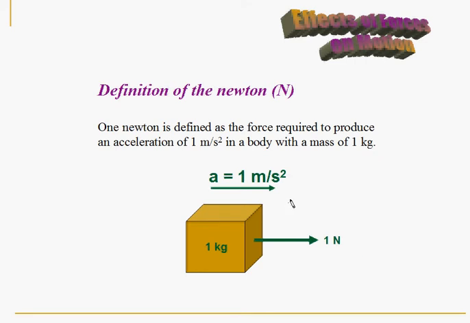Before you proceed further, you need to understand the definition of Newton. 1 Newton is essentially defined as the force required to produce an acceleration of 1 meter per second square in a body where the body has a mass of 1 kg.